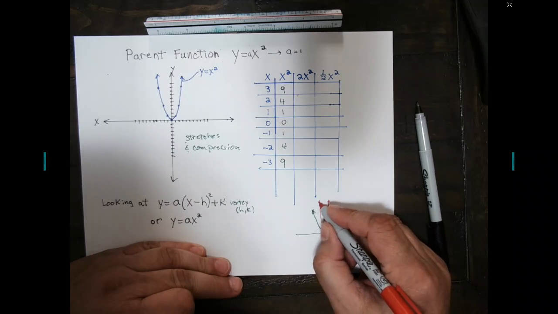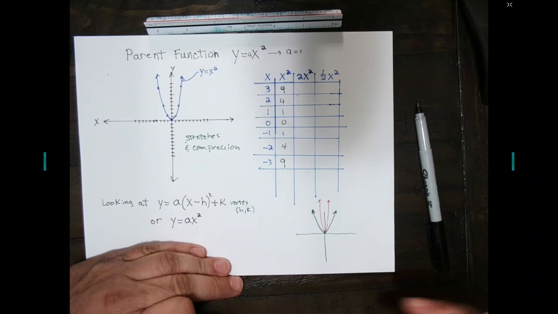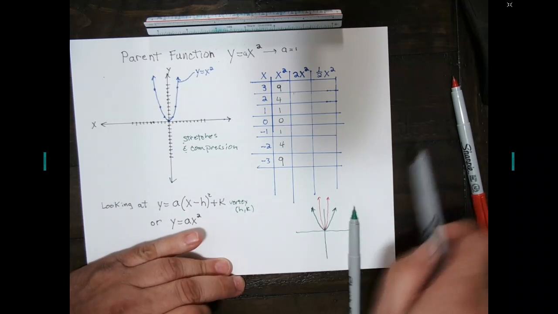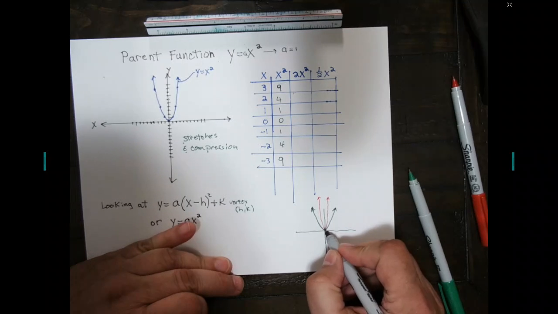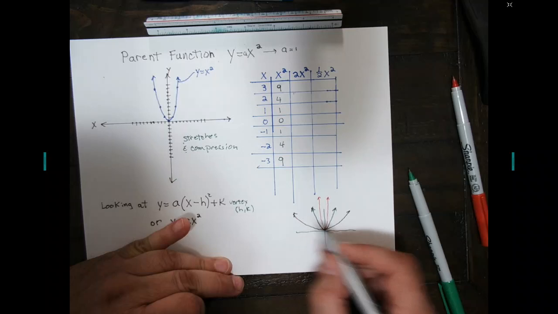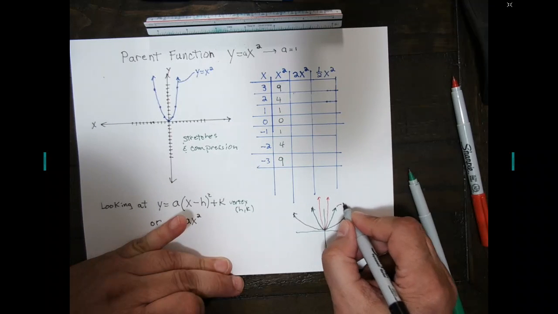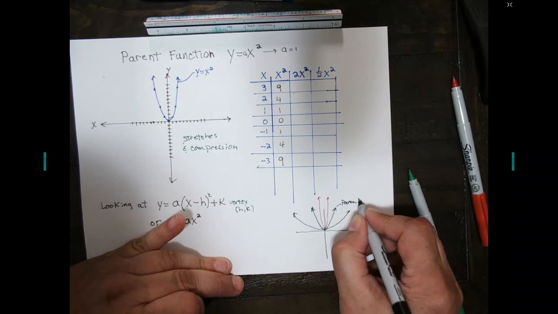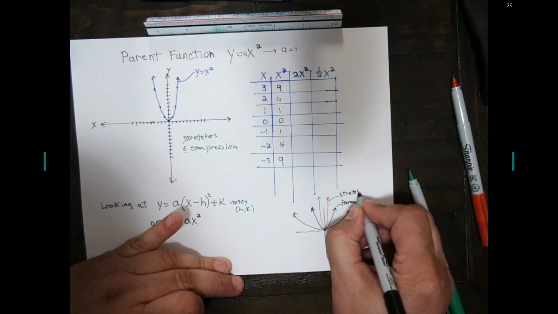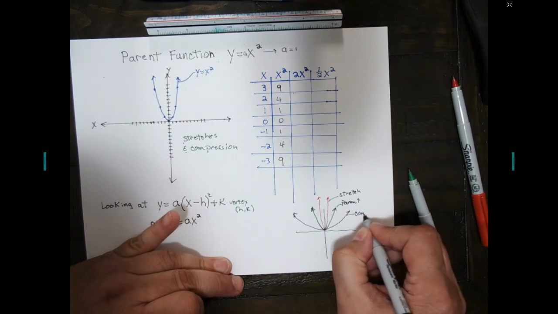And if we do a compression, it would be fatter and wider. So this is the parent. This is a stretch. And this is a compression.